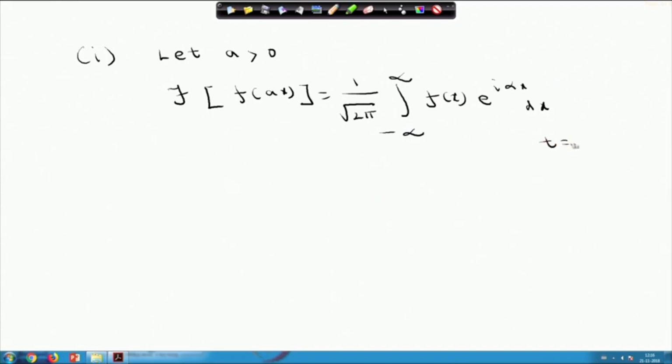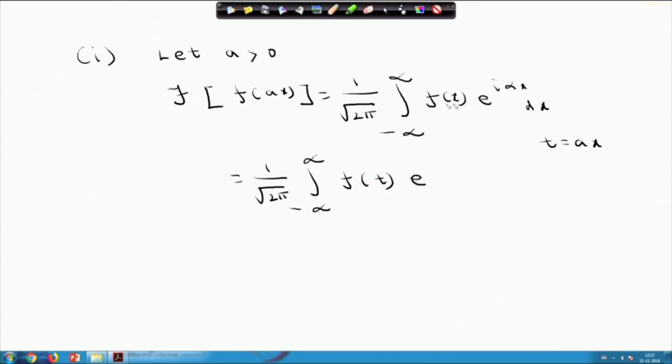Now if you substitute t equals ax, then this will be replaced by 1 by root 2π, integral of f(t) e^(iαt/a) dt by a.